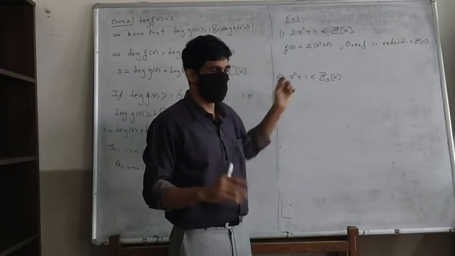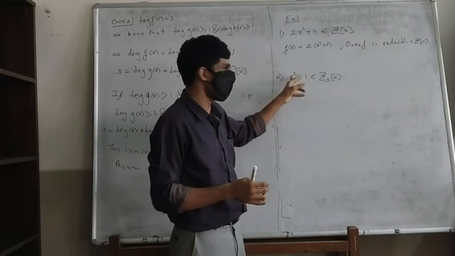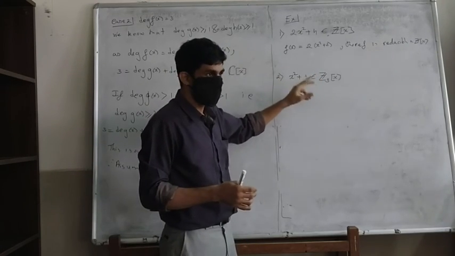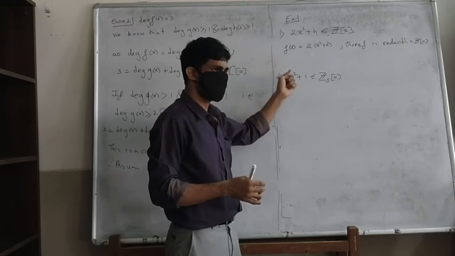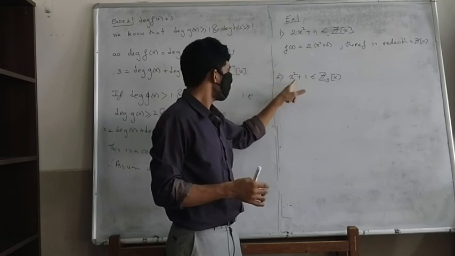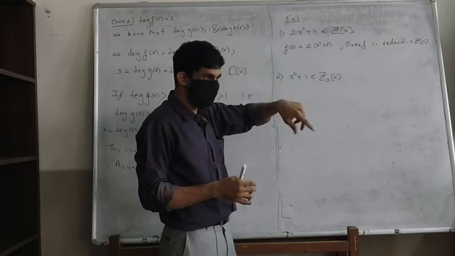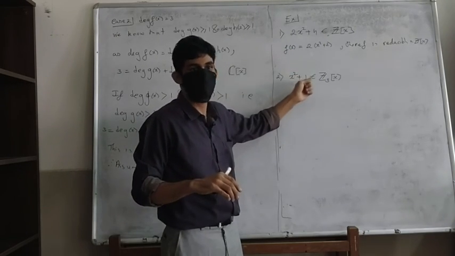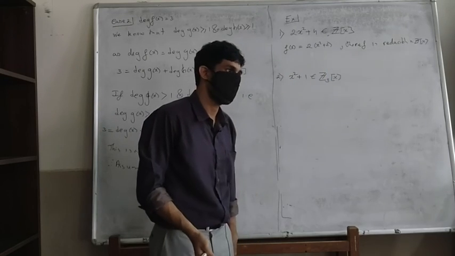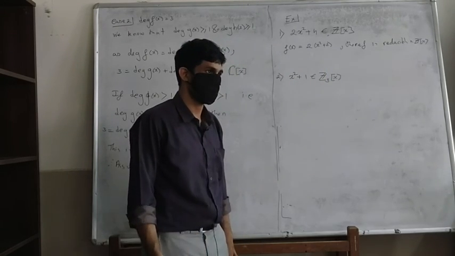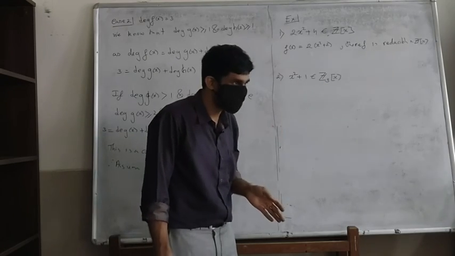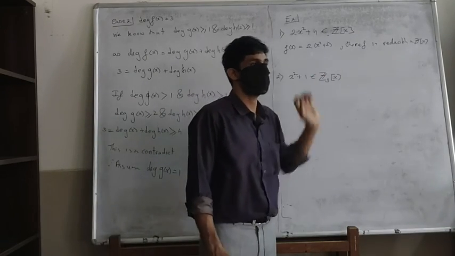If you substitute 2, 2 square is 4, which is 1 modulo 3, so 1 plus 1 is again 2, which is non-zero. So it has no zeros in Z3, hence is not reducible, hence it's irreducible in Z3.